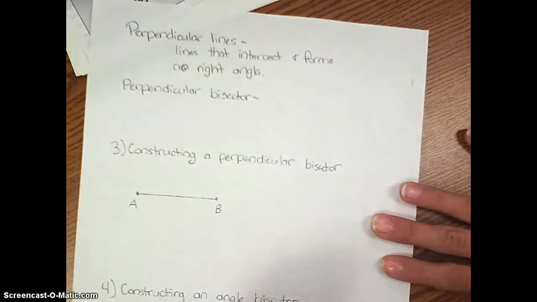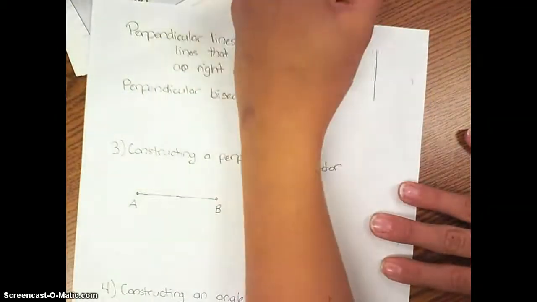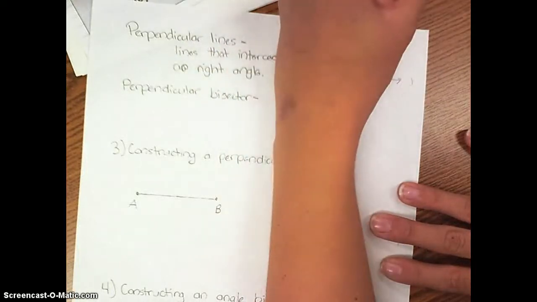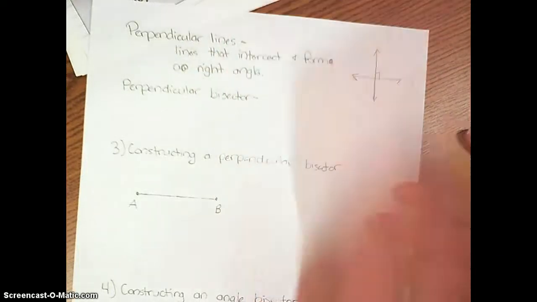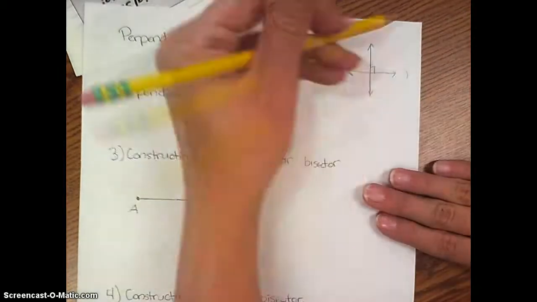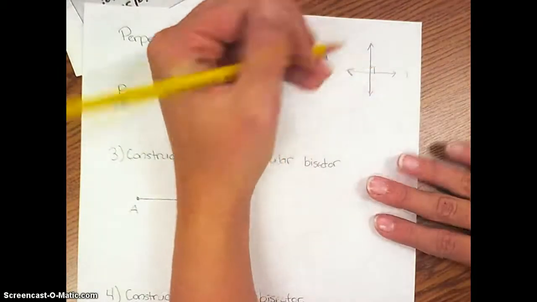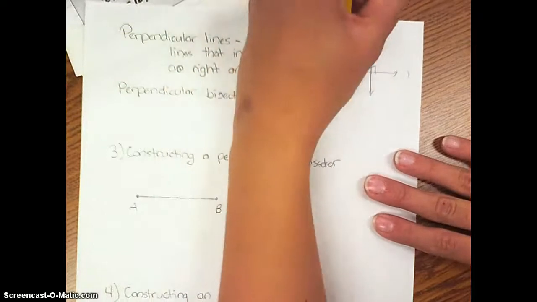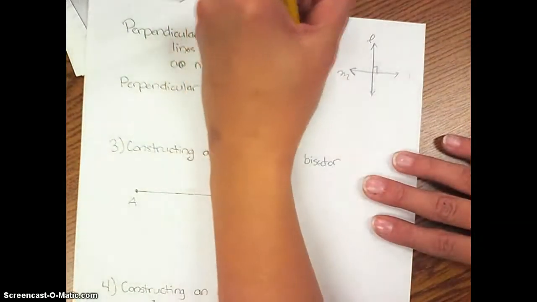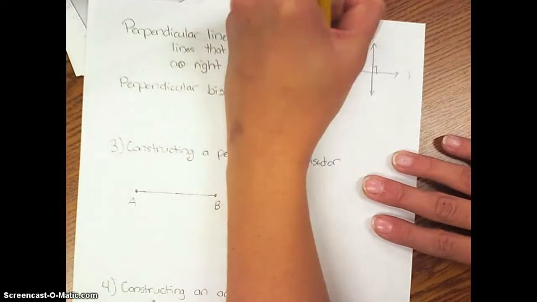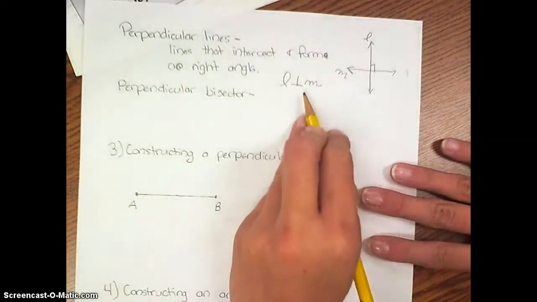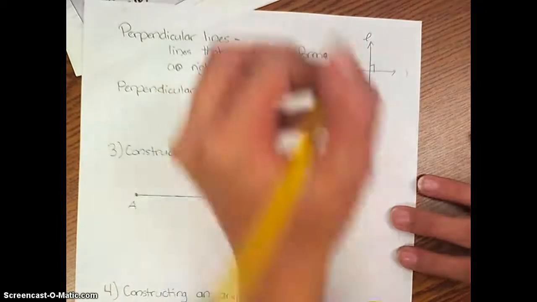So for instance, these two lines are perpendicular. They intersect each other and they form a right angle at that intersection. So if we called this line L and line M, I could say that L is perpendicular to M. Okay, you can see that upside down shape. That means perpendicular to. Okay.